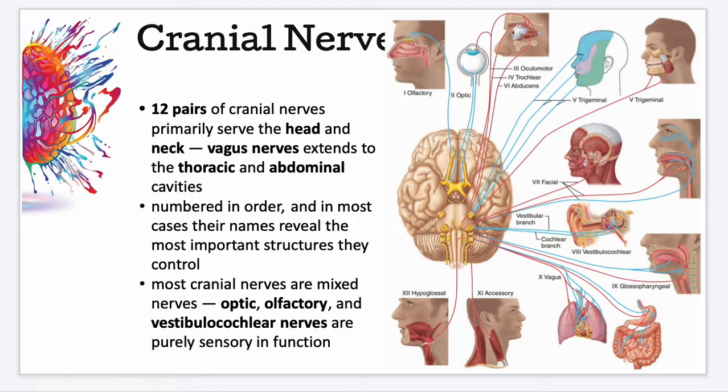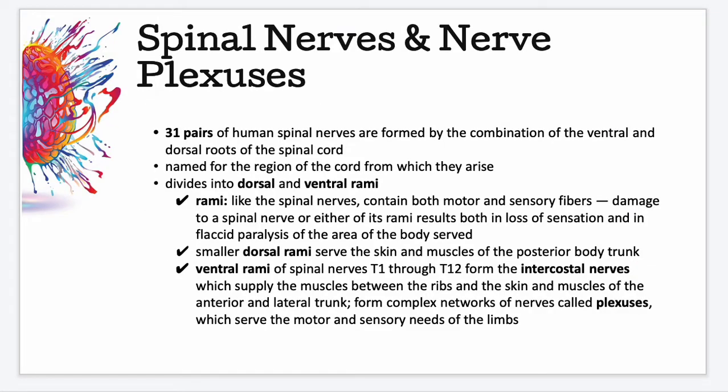Your cranial nerves are very important. You have 12 pairs of these. These primarily serve the head and neck, and the vagus nerve extends to the thoracic and abdominal cavities. They are numbered in order, and in most cases their names reveal the most important structures they control. Most cranial nerves are mixed nerves, though your optic, olfactory, and vestibular nerves are sensory.